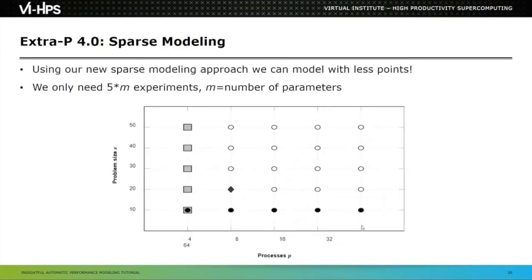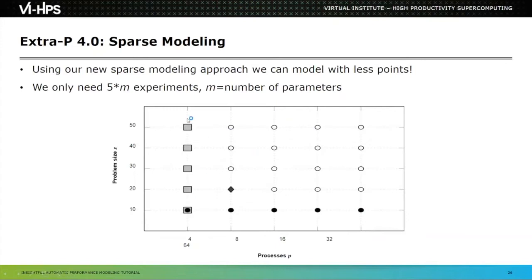Therefore, we introduced the sparse modeling that lets you more freely choose the points that you want to measure. So instead, now with the sparse modeling, you only need 5 different measurement points per parameter. For example, for the number of processes, it would be enough to have these 5 black points here.